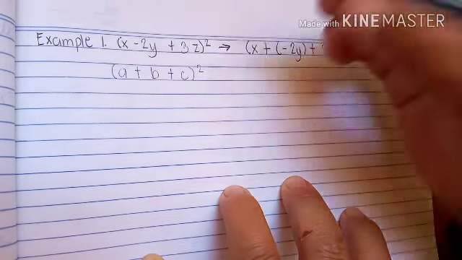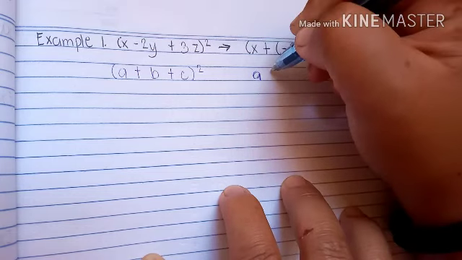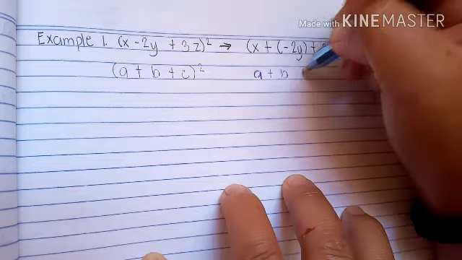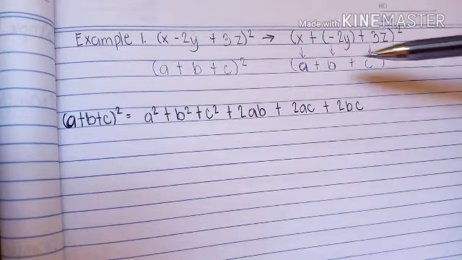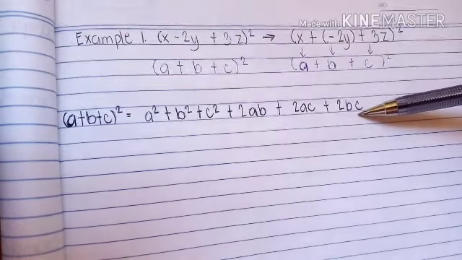Now we can follow what we call the format. We have (a plus b plus c) squared. Since we already have the values of your a, b, c, let's now substitute in this formula.